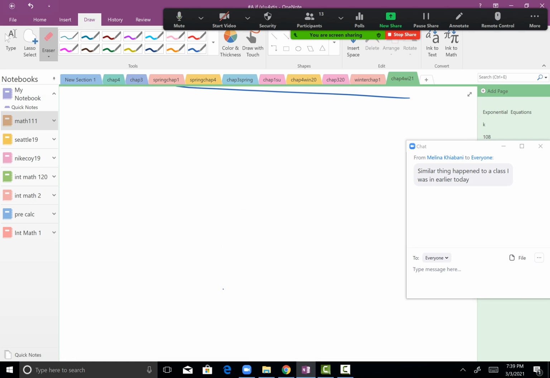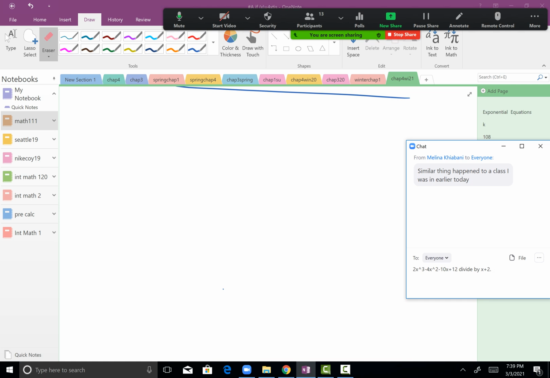Okay, here's what I'm going to do. I'm going to give you one. I'm going to put it in the chat here, and I want you to divide this using synthetic division. I'm just going to put divide by x plus 2.